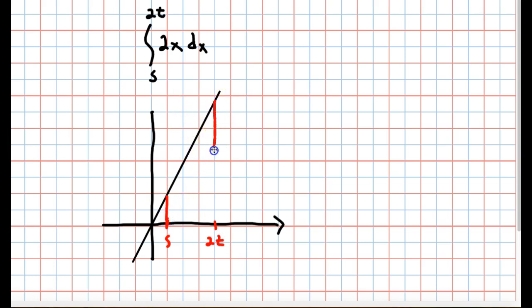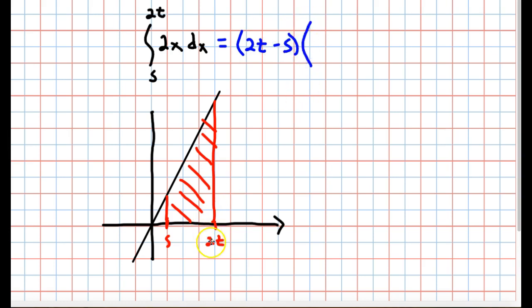Now this is a trapezoid, right? So my area of a trapezoid is the height. So here the height is the difference between these two. So that difference we can just say is 2t minus s. So my height is 2t minus s.